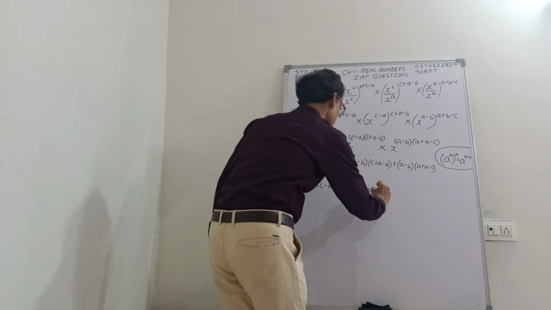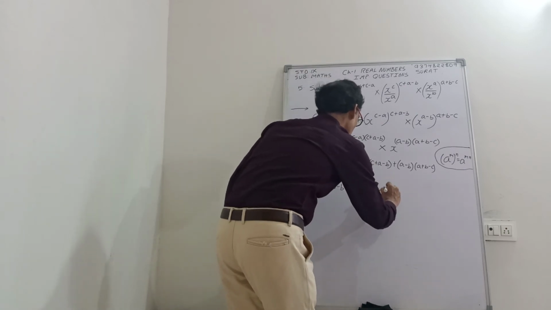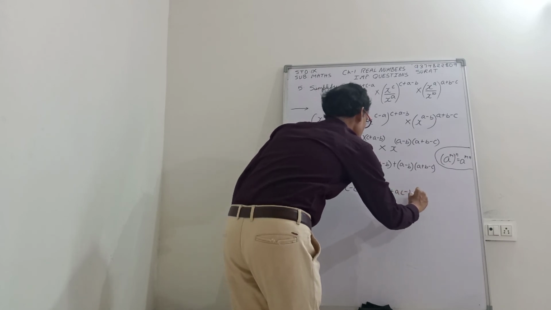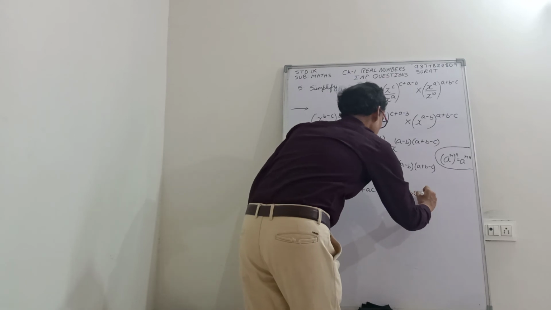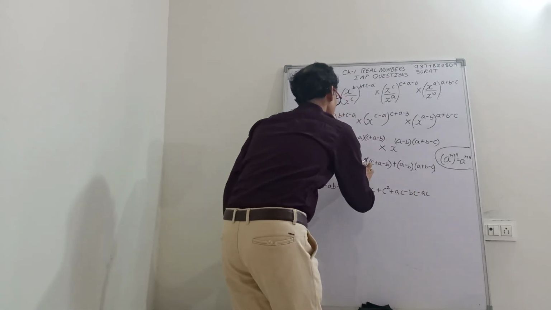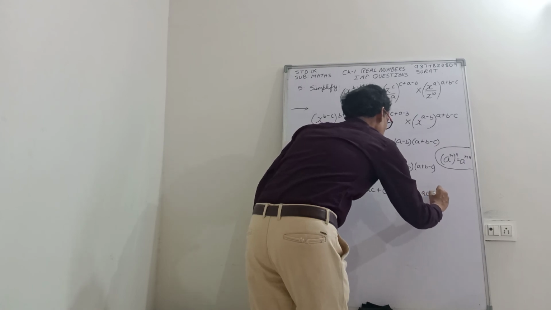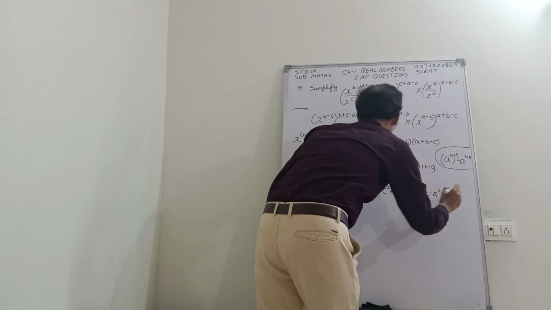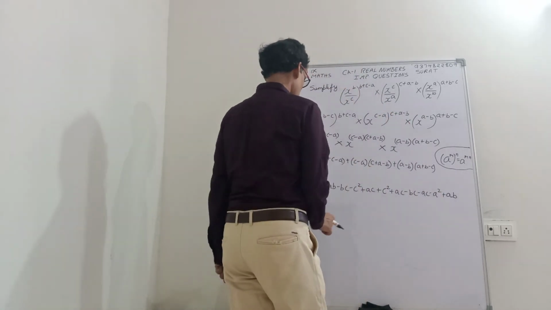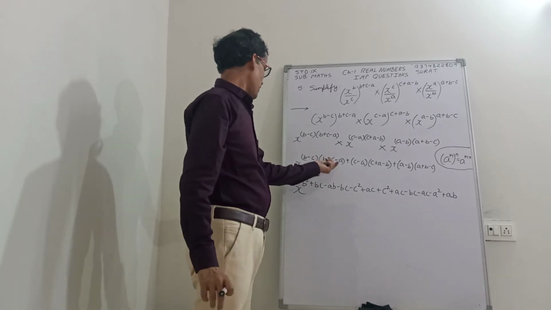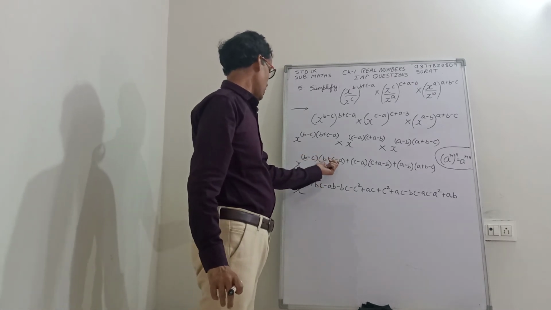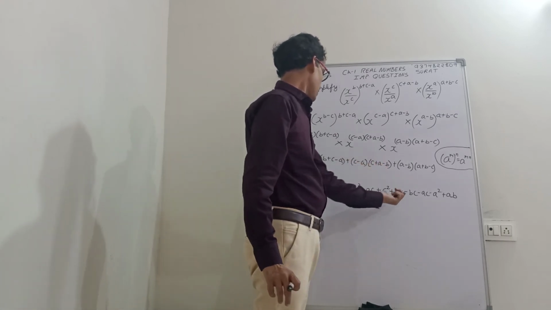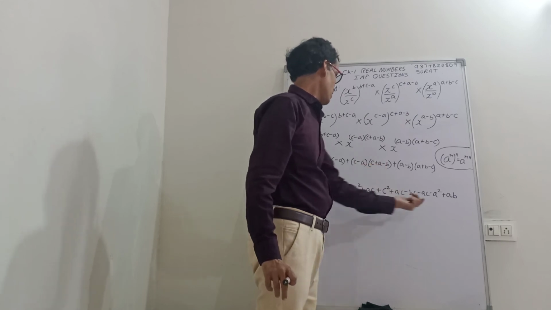Again find the product here: c into c, c square, c into a, ac, c into minus b, minus bc, minus a into c, minus ac, minus a into a, minus a square, minus a into minus b, plus ab. So we have done it: first multiply b by these three, so we are getting this one; minus c into this, we are getting this one; then the product of c and these three, we get this part; minus a into these three, we get this one.